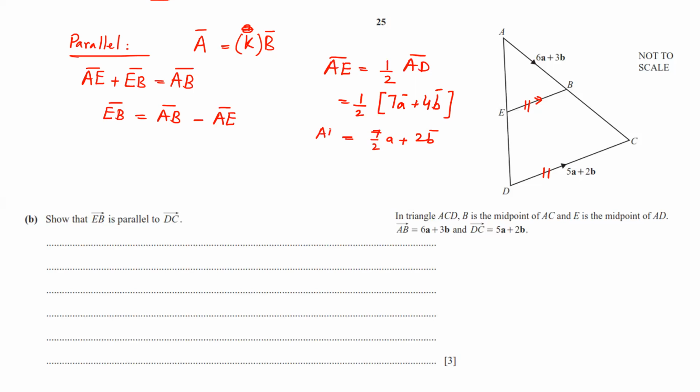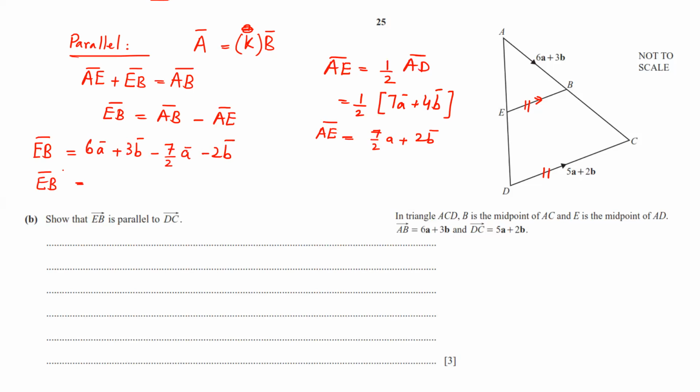So this is my AE vector. AB is given, so AB is 6A plus 3B minus 7 by 2A minus 2B. So this comes out to be my EB vector.